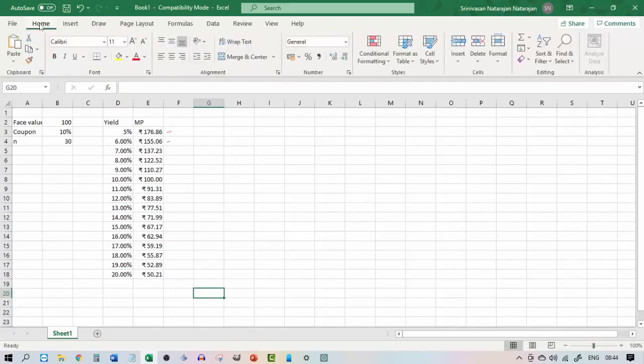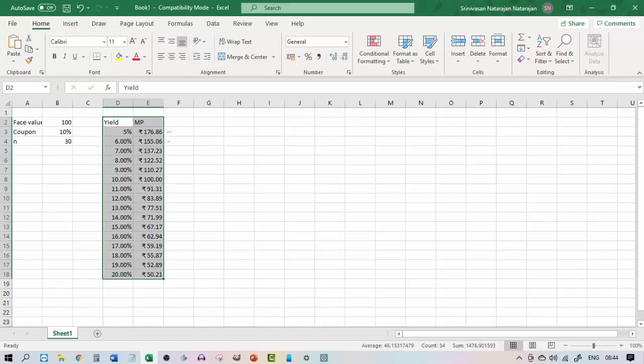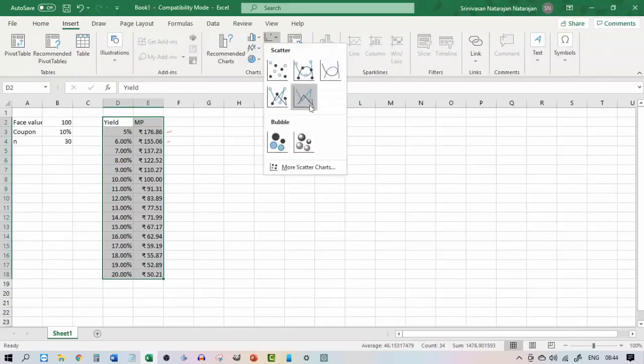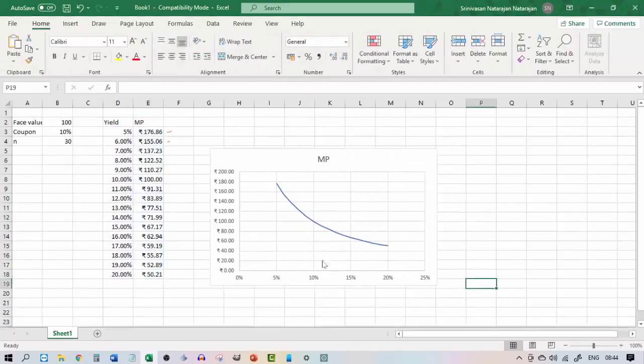on. Now let us represent this yield and price relationship in the form of a graph by using a scatter graph. Now, do you notice this? This line, which represents the relationship between the yield and the price, is not actually a straight line.